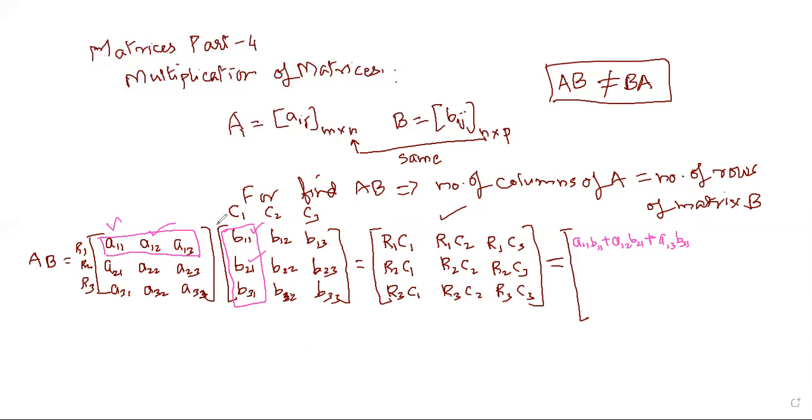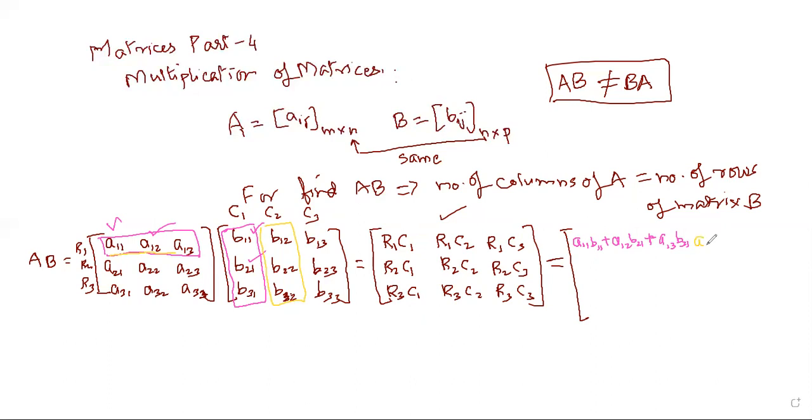Then you will multiply the first row with the second column in a similar way. How?